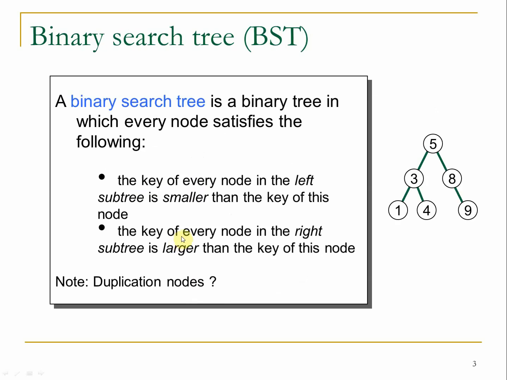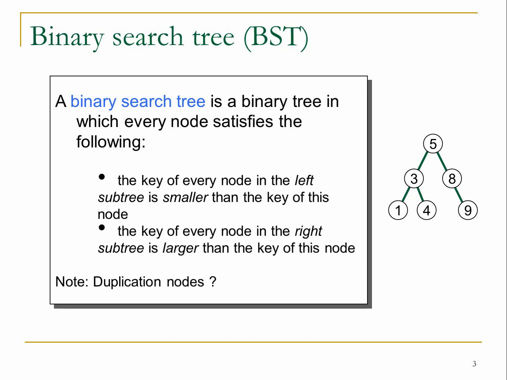So, a binary tree is a tree where a node can have no more than 2 children. If we look one step further into the binary search tree, it's basically a binary tree. So whatever we discuss today is inside of the binary tree discussion, in which every node satisfies the following criteria.